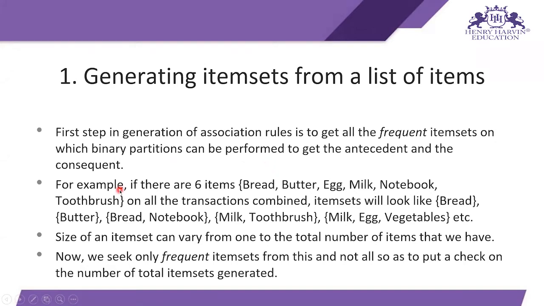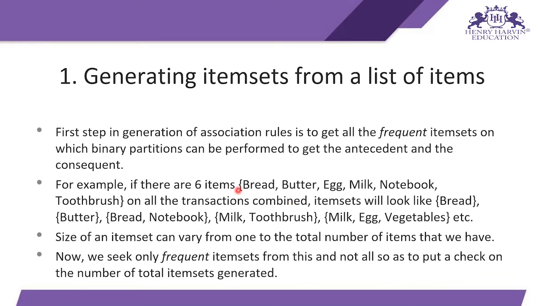For example, if there are six items: bread, butter, egg, milk, notebook, toothbrush, and we have these six items in the transactions combined, the item sets look like bread, butter; bread, notebook; milk, toothbrush; milk, egg, vegetables, etc.